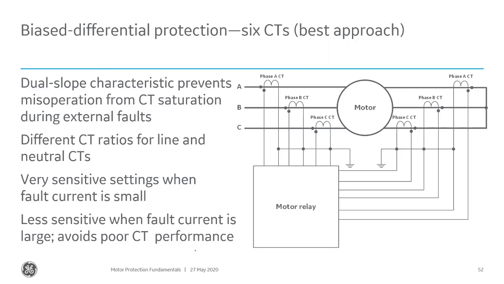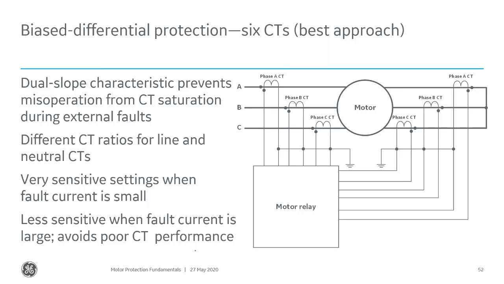You'd use that for your overcurrent protection. You'd use that for your thermal model. And then the core balance CT is another input into the relay. It's also another CT. On this particular mechanism here, you're again using 6 CTs. The ones on the terminal you'd use for the motor thermal model, your overcurrent protection. The neutral side CTs are just going to be used with this differential.